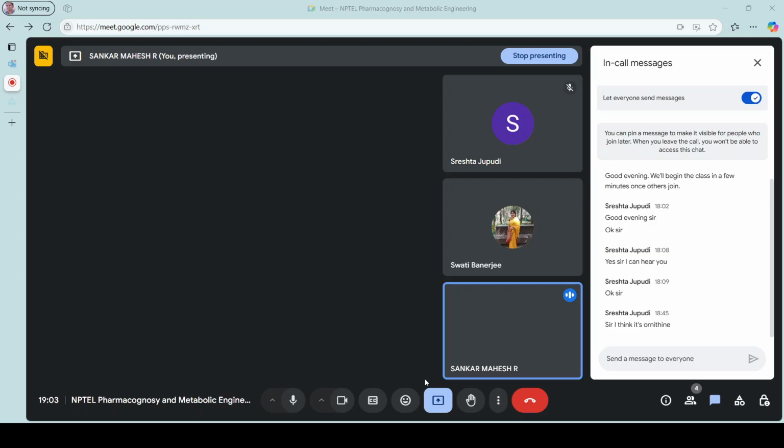So maybe check the pathway once, take a couple of minutes, and think what could possibly produce hyoscyamine and scopolamine from sugars. Earlier we looked at amino acids, how from ornithine we get these, but from sugars we haven't looked. But you can look at the pathway once and then come back and then we'll discuss. You can take a couple of minutes.